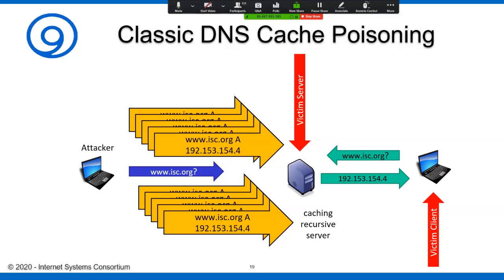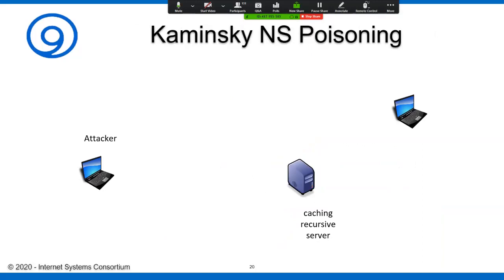So let's move on now to see what the Kaminsky NS attack actually looks like. Again, we have the same basic configuration. We have the attacker, we have the caching recursive server, and we have the intended victim up there on the right-hand side.